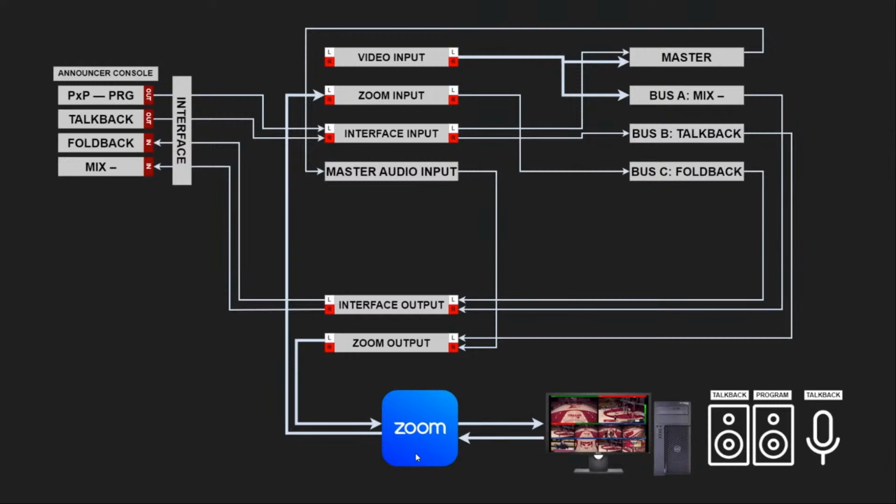I'm sending into Zoom, the left channel is basically program, and the right channel is the play-by-play's talkback, so that I can hear and communicate with them over comms. To me, this has been super, super helpful.